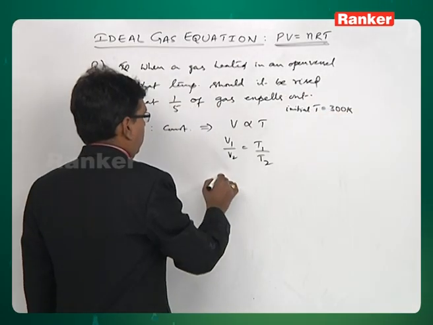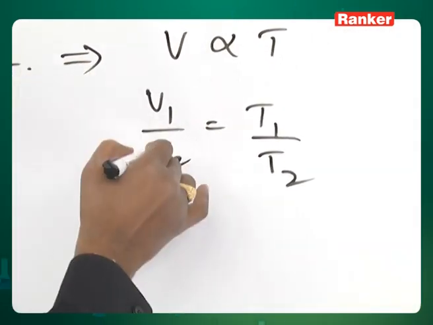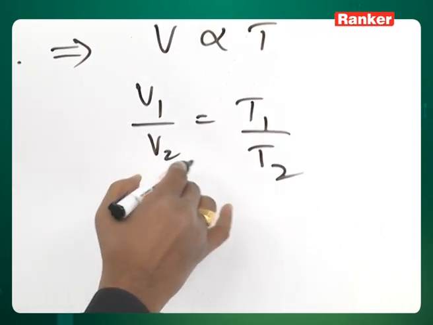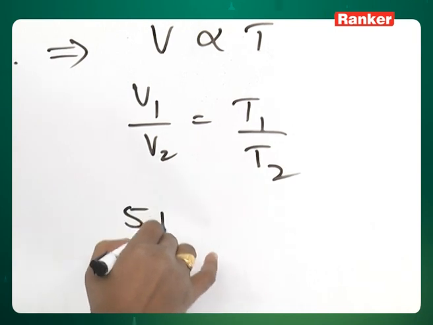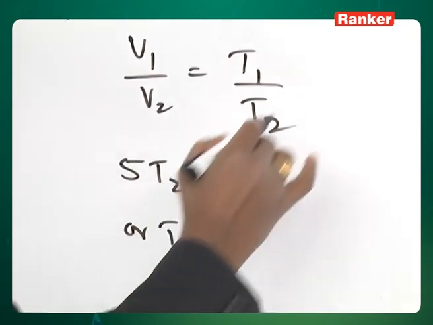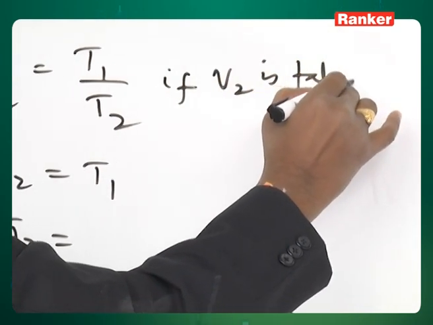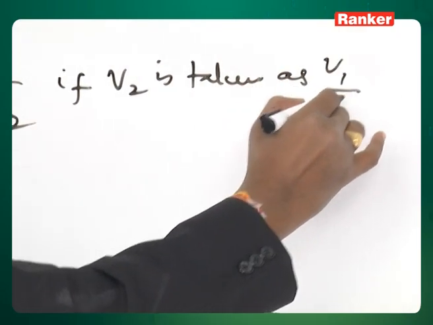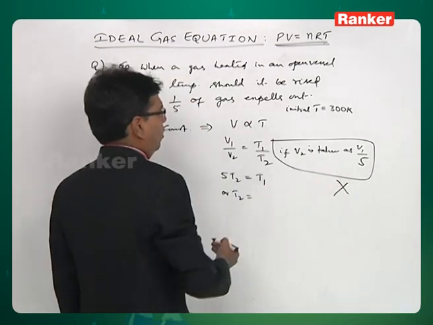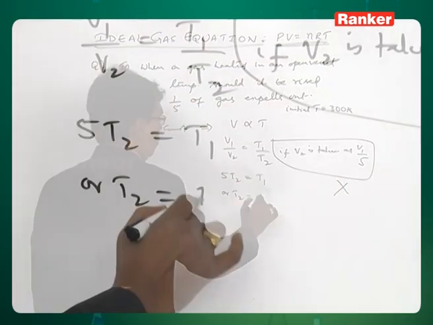If this is V1 and you take V2 as V1 by 5, then 5 T2 will be equal to T1, or T2 is equal to T1 by 5.